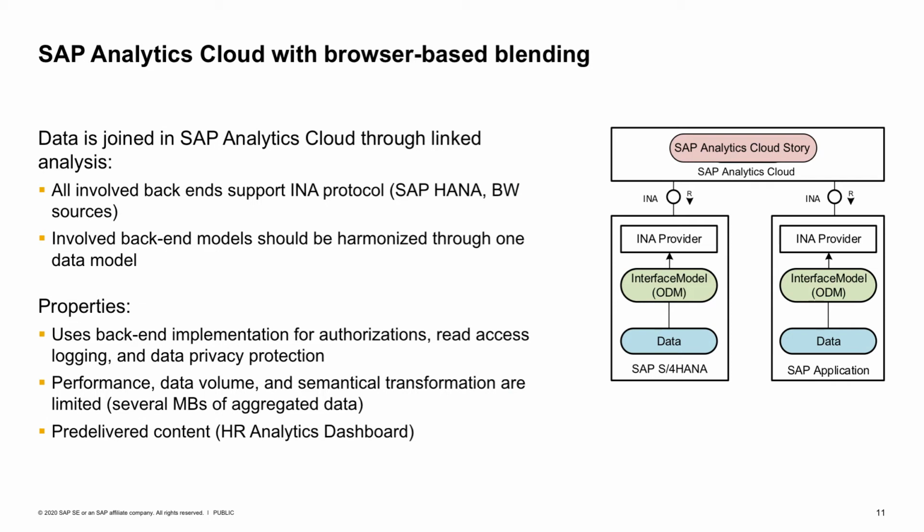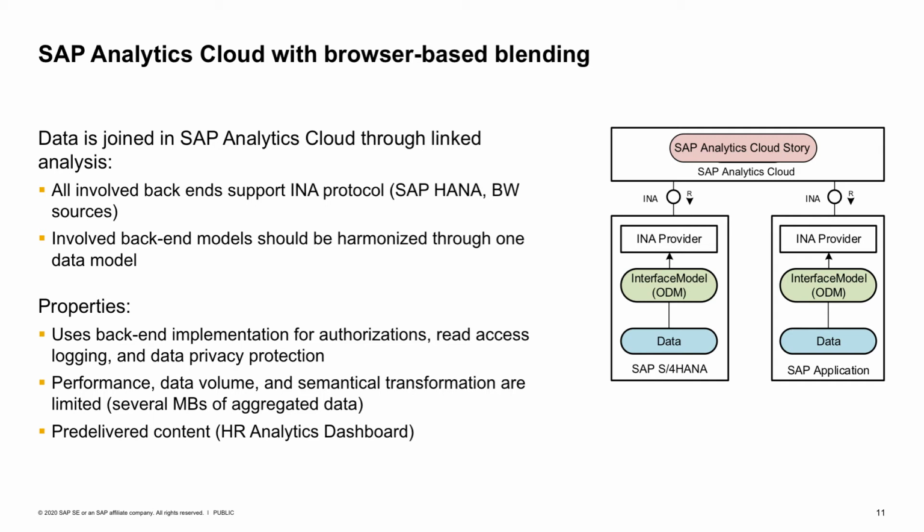The quickest technical option to realize cross-application analytics is to do this with SAP Analytics Cloud by browser-based blending. In this case, data is joined in SAC through linked analysis by federation.